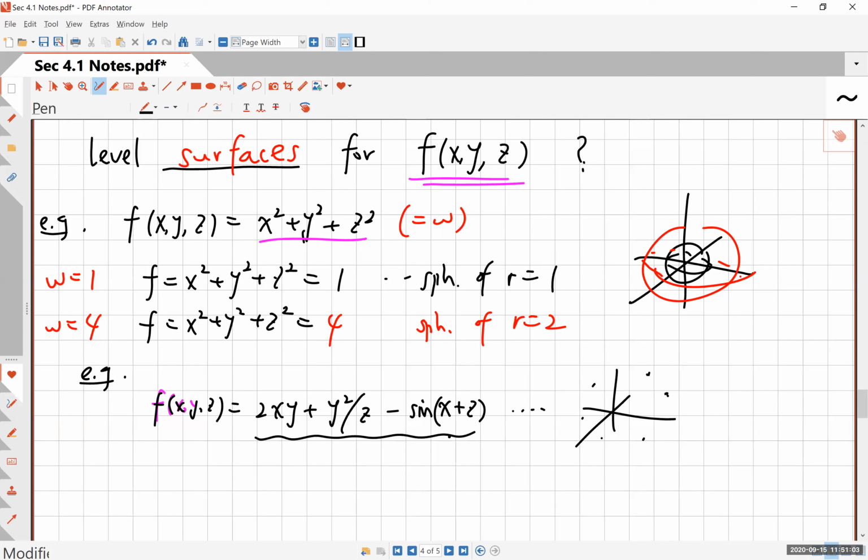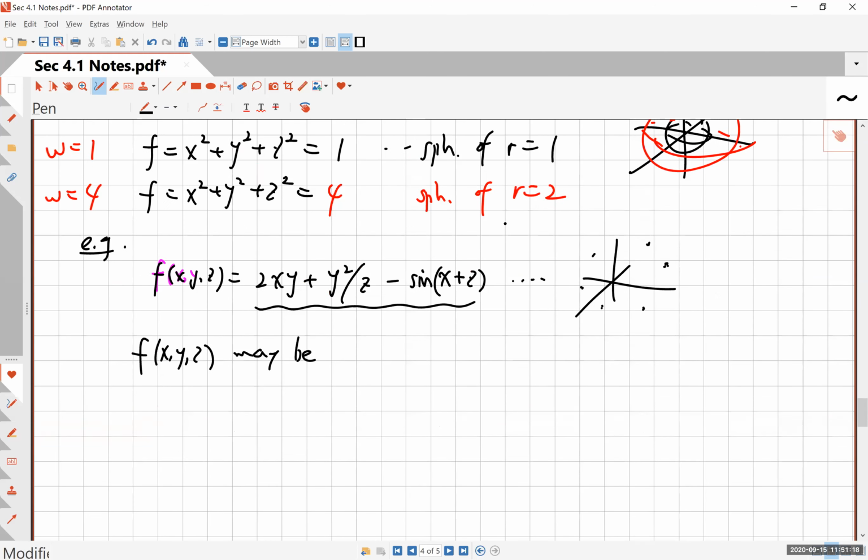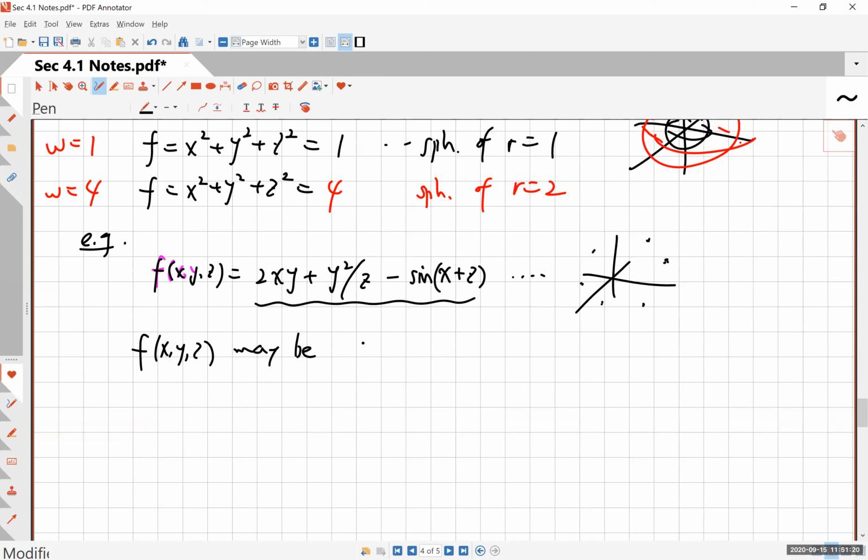That would be the value of this function, right? And so you can clearly see some application of this, right? So f of x, y, z may be describing some real number associated with the point x, y, z. So for instance, a function of 3 variables can be expressing the temperature at the point x, y, z, okay?